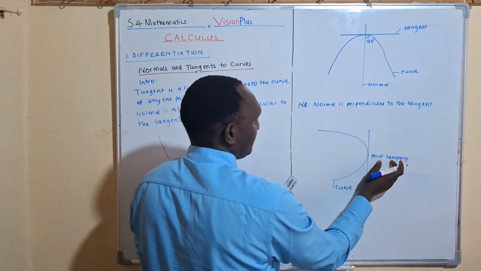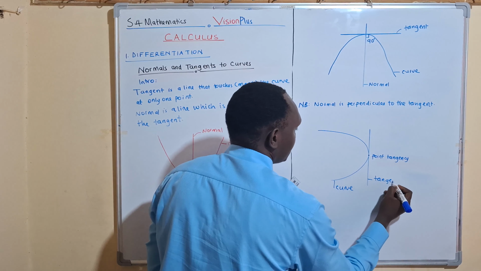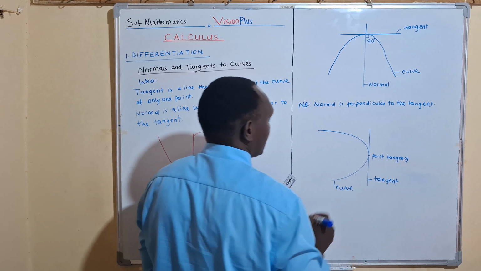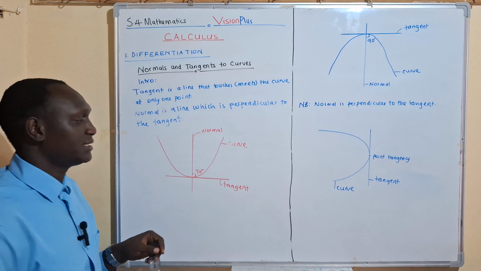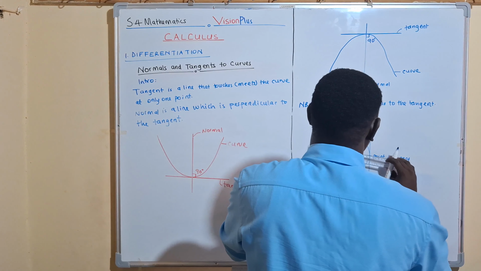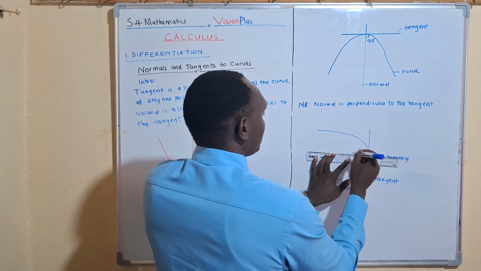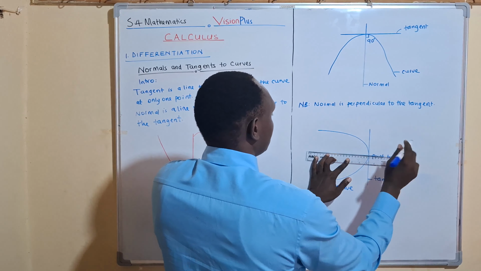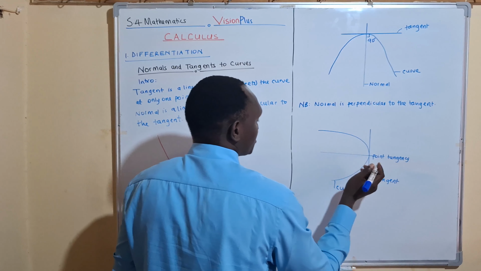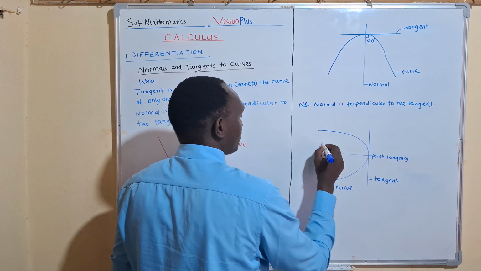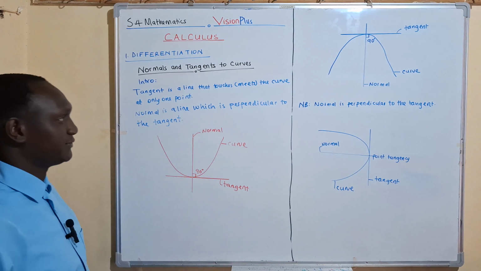The point of tangency is the point on the curve where the tangent touches or meets the curve. It is a single point. Now, if you have the tangent, then you draw a line perpendicular to the tangent, and that becomes our normal. So the line which is perpendicular to the tangent is what we are calling the normal line, or the normal to the curve.